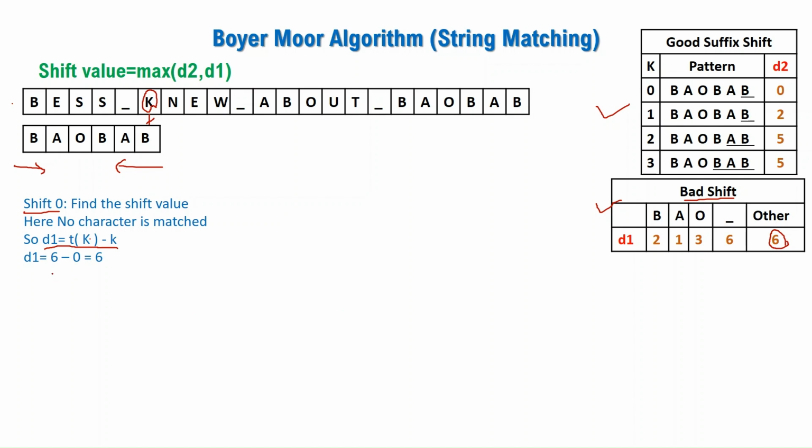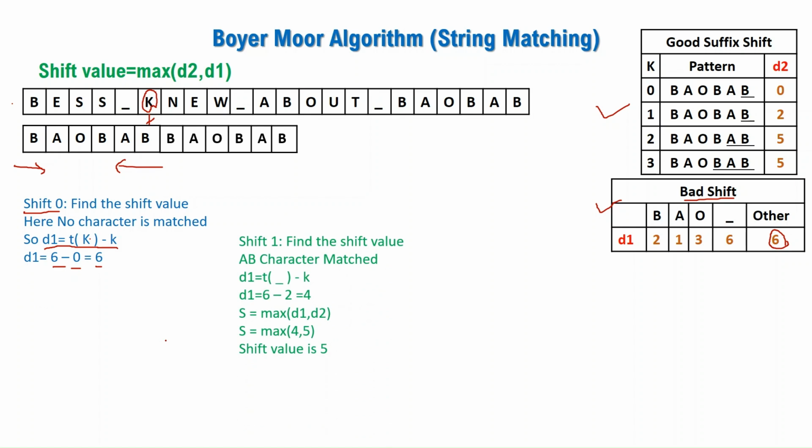So T of K is 6. How many characters matched in the given pattern? No characters are matched, so the value is 0. So 6 minus 0 is 6. D1 is the shift value now. Once you have found the shift, shift the pattern by 6 places to the right side.